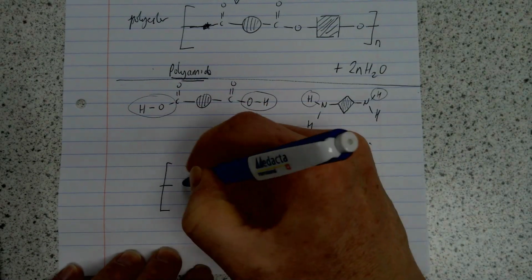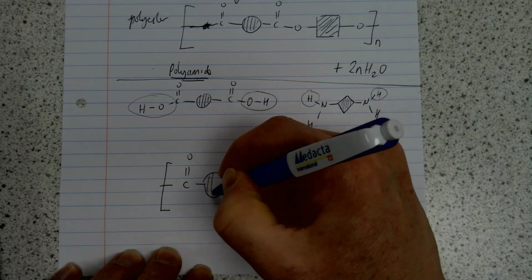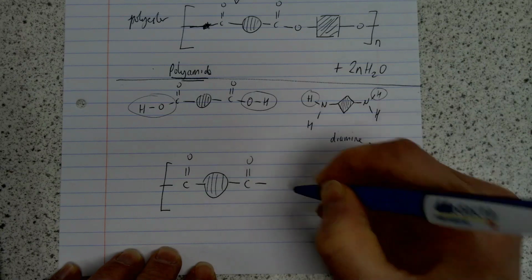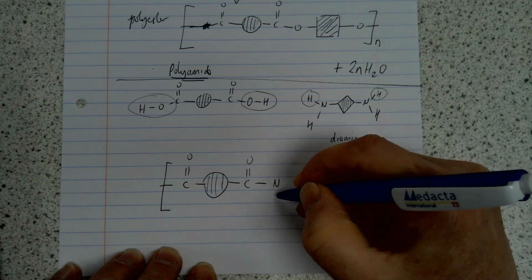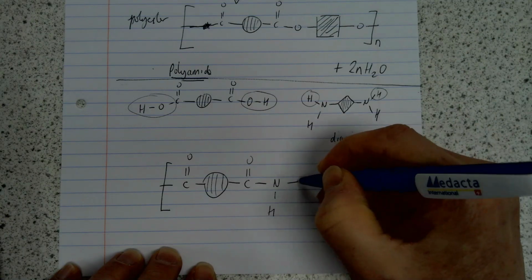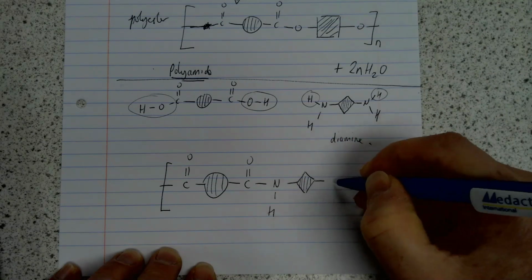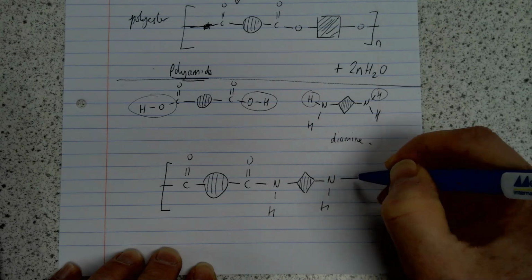And so a polyamide would look like this. There's lots and lots of polymers that are polyamides, but this time the C double bond O is joining to an NH. Then the diamond or love heart if you prefer, and then the N and the H, like that.